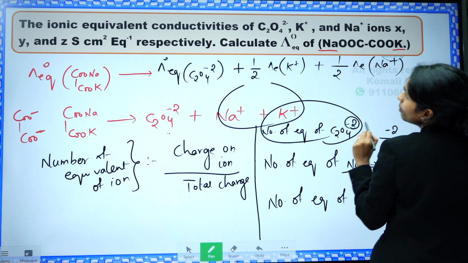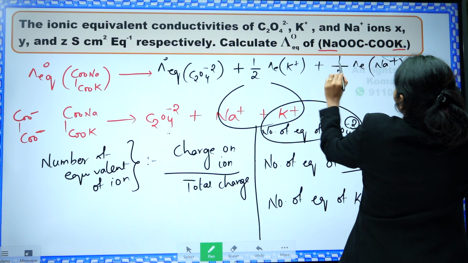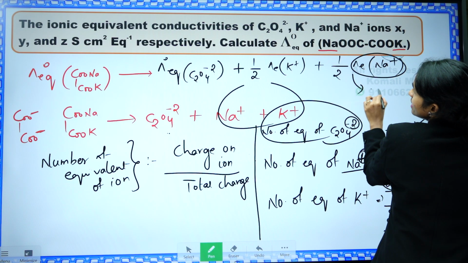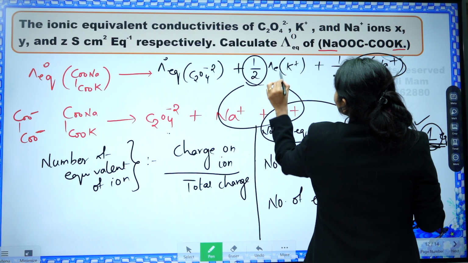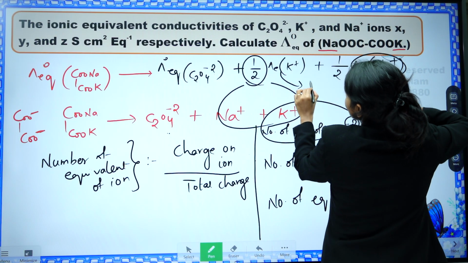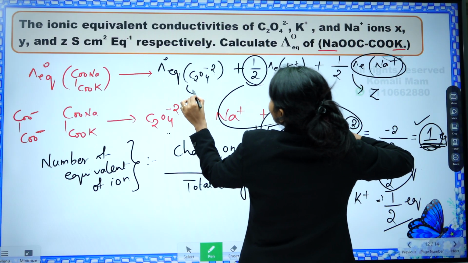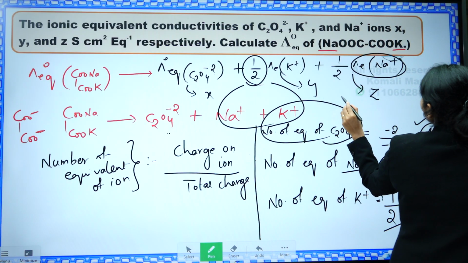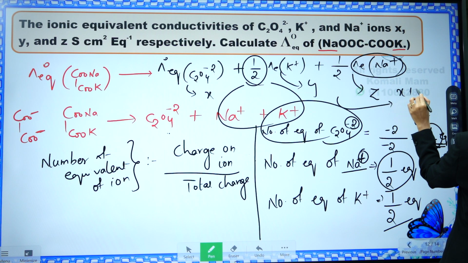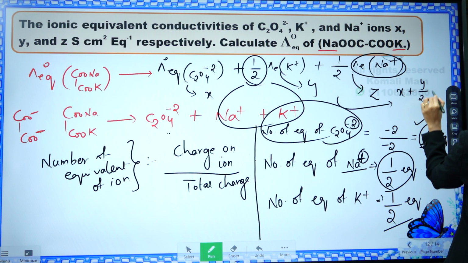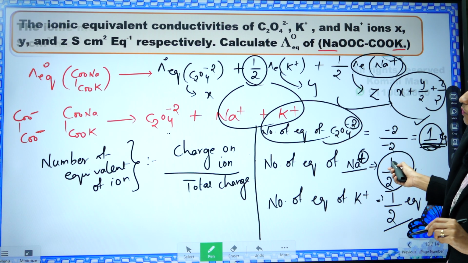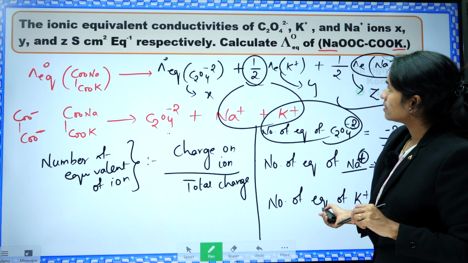The conductivity of Na plus is Z, so half equivalents with conductivity Z. The conductivity of K plus is Y, and the oxalate ion is X. So our answer will be X plus Y by 2 plus Z by 2. What is the answer, students? X plus Y by 2 plus Z by 2.